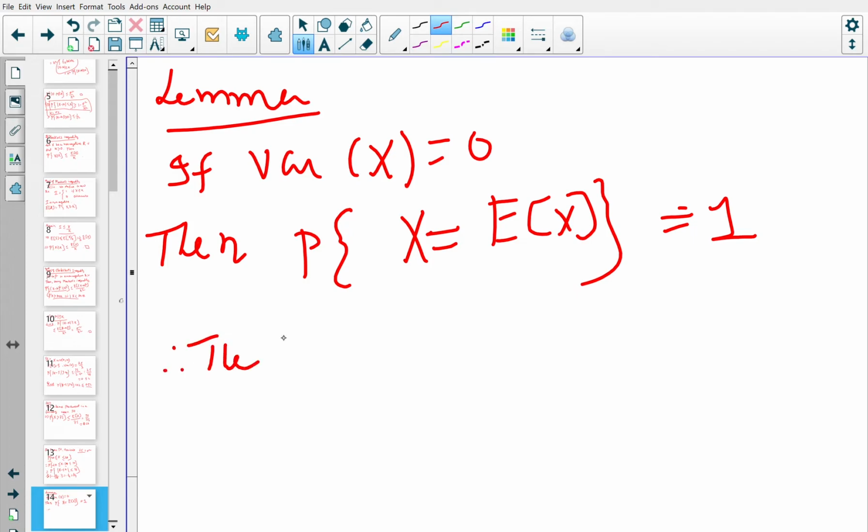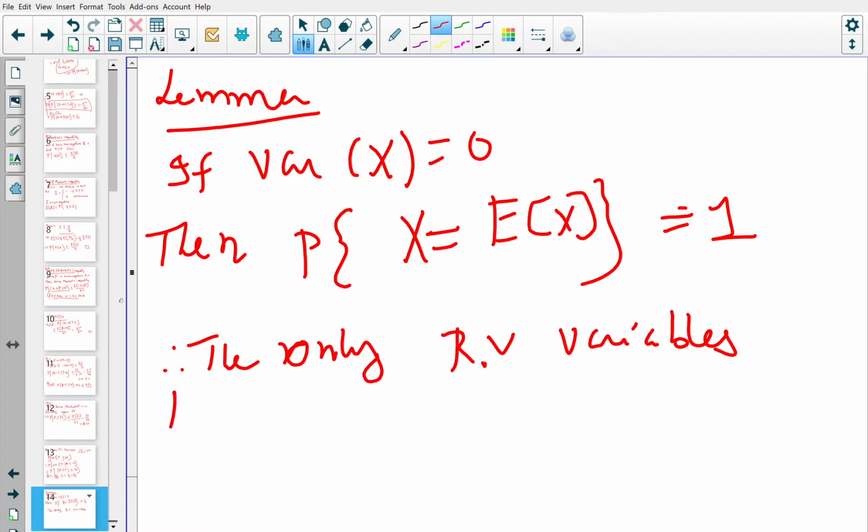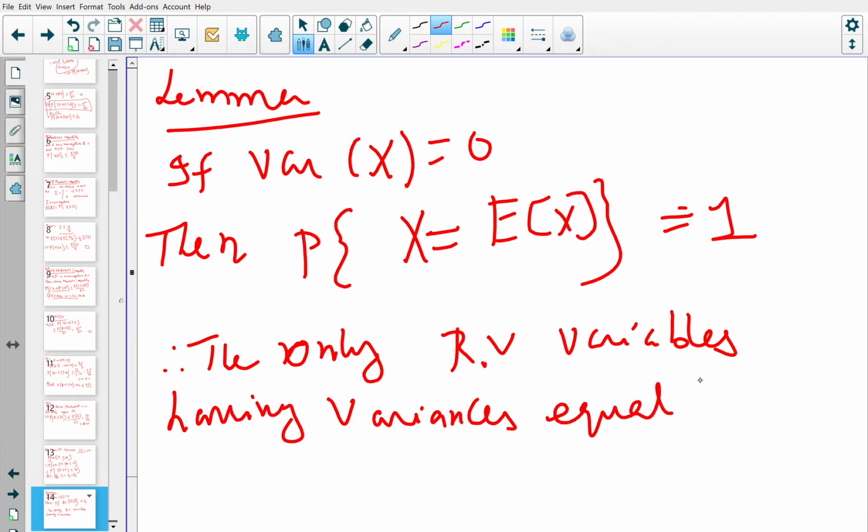The only random variables having variance equal to 0 are those that are constant.